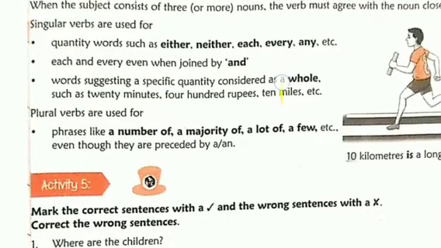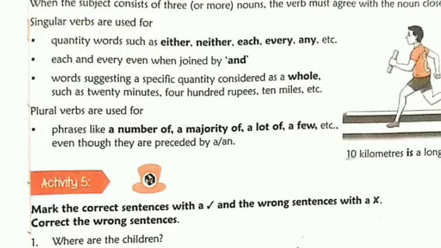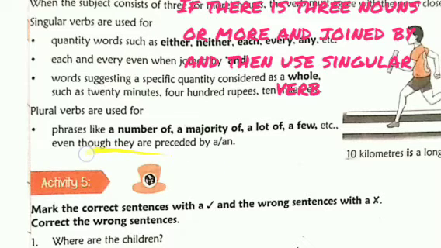And when will you use the plural verb? If there are phrases like a number of, a majority of, a lot of, though they are represented by a or an, we have to use the plural verb. So do you understand?